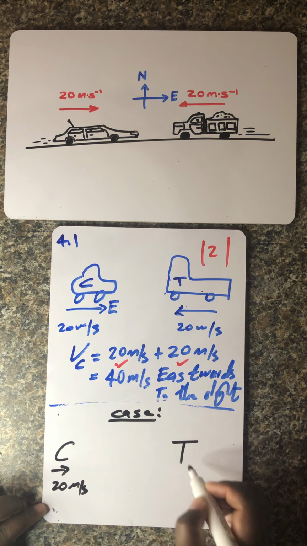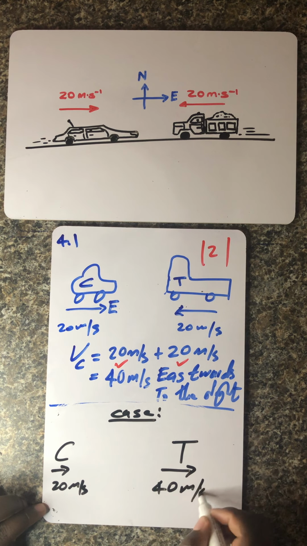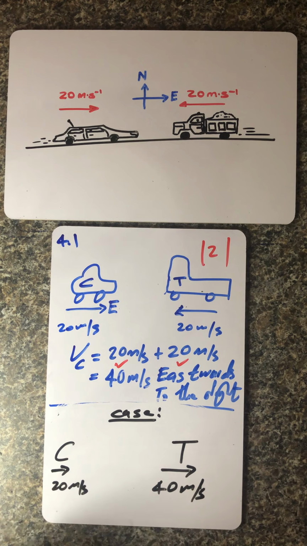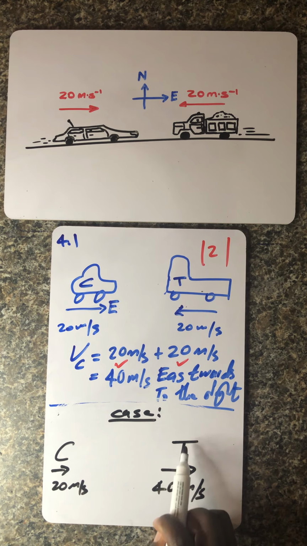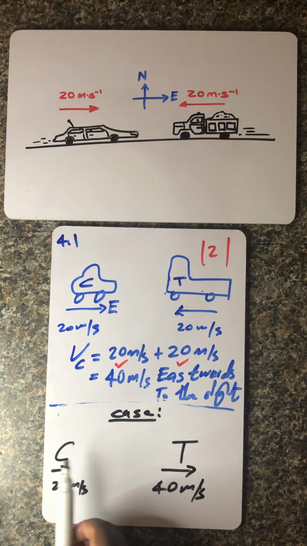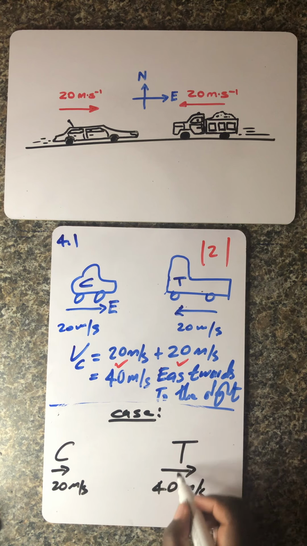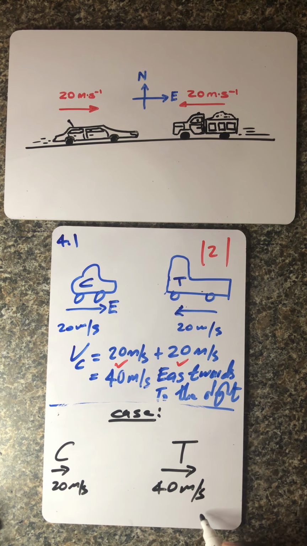This is the truck traveling in that direction, at 40 meters per second. Now they're asking maybe what is the speed of the car relative to the truck. Obviously, as this car is approaching, the truck is moving away 2 times faster than that.